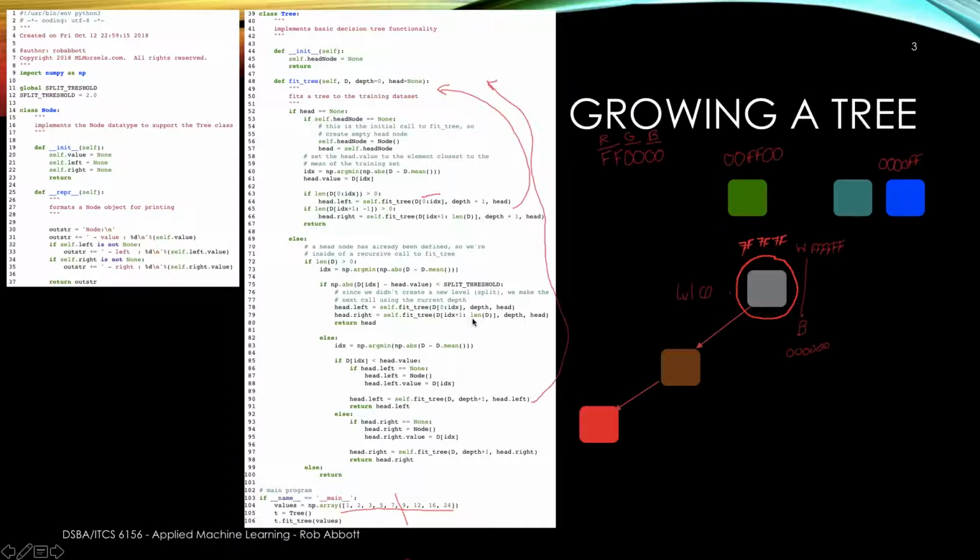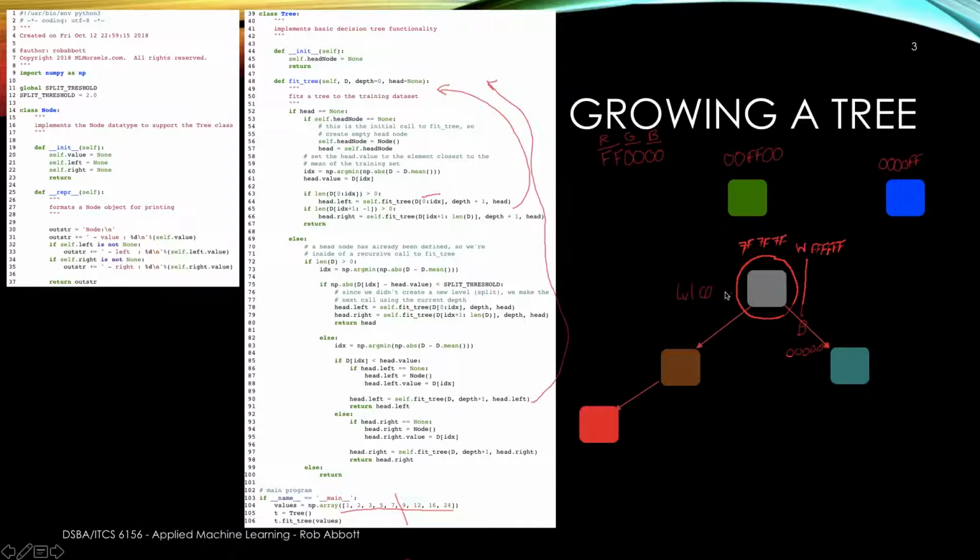And when we call fit tree to the right, what we end up with is this next value being selected. And it goes fit tree to the right because this teal color is part way between green and blue, but it's also greater than this gray color here.